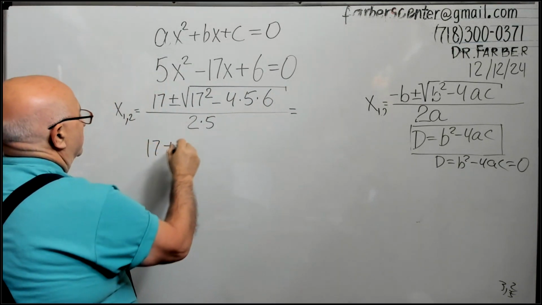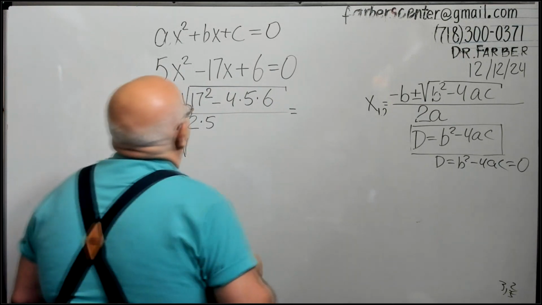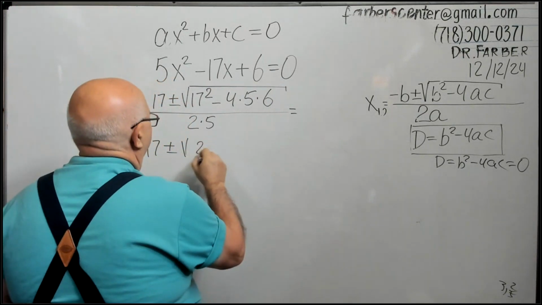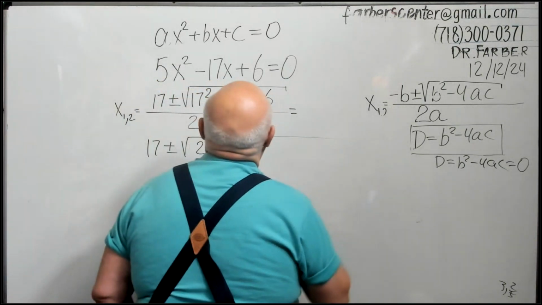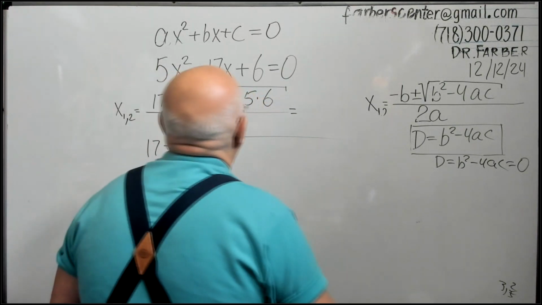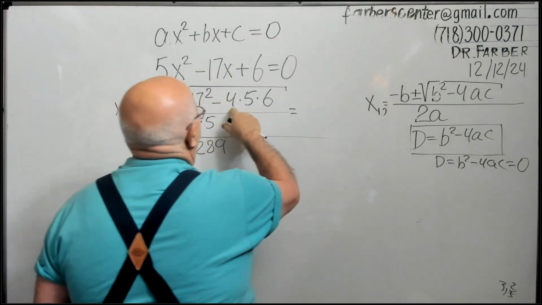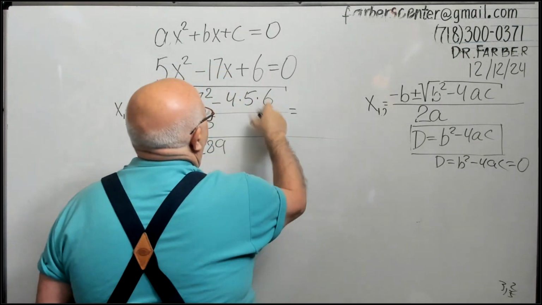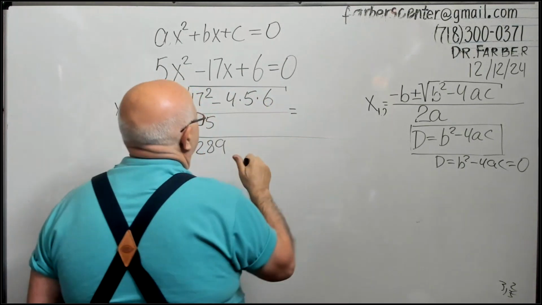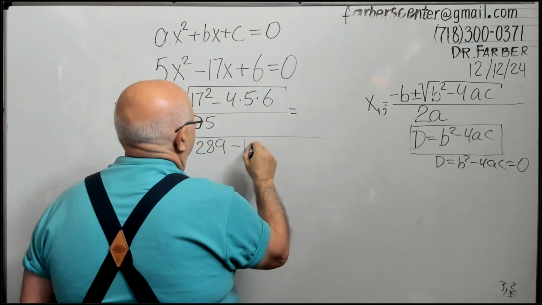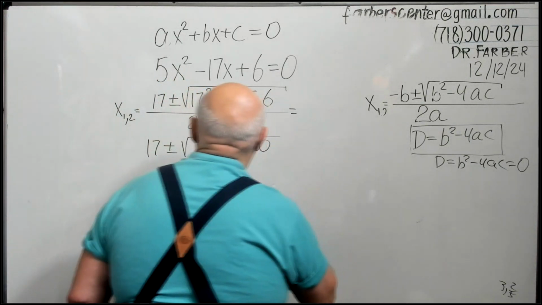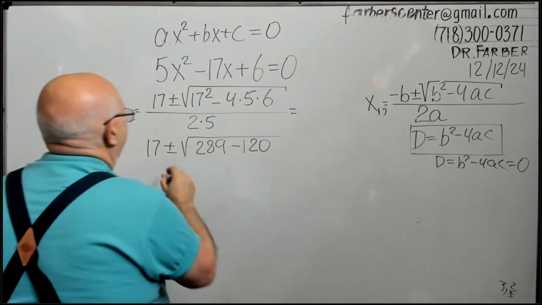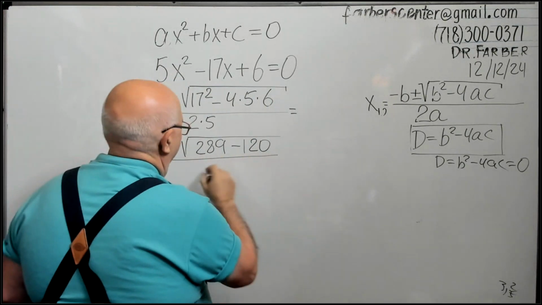17 plus minus square root of 289, 4 times 5, 20 times 6 is 120, divided by 10.